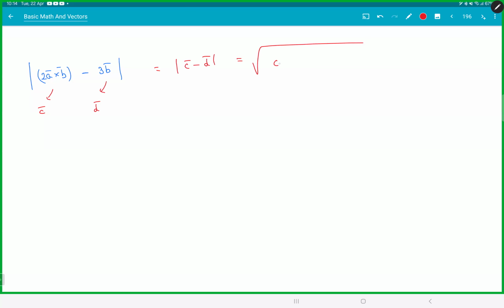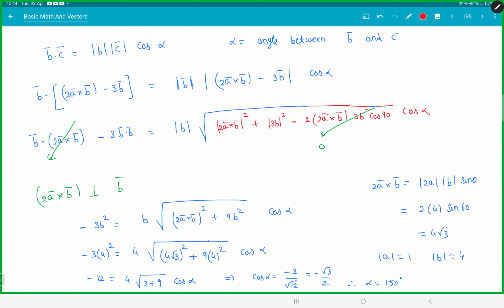This is root over c square plus d square minus 2cd cos theta. And theta is the angle between c bar and d bar. Is that making sense? And that angle is 90, right? So this term becomes 0. Cos 90, this guy is 0. So this whole term inside goes off to 0.